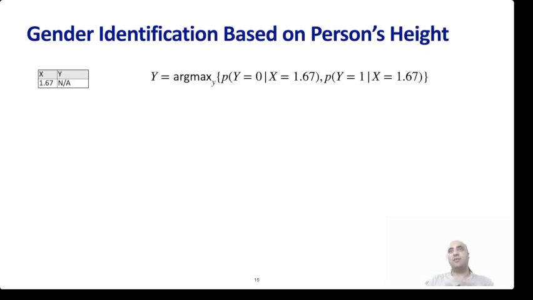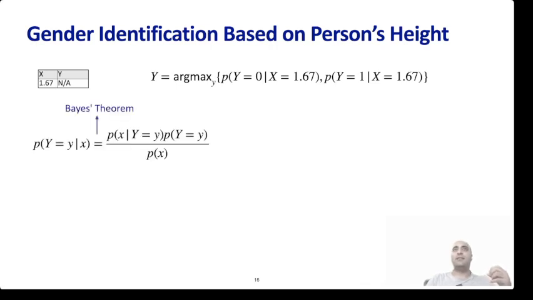And what is the probability of gender category 1 given that X equals 1.67. If we know these two probabilities, then the one that has the higher value would represent the gender category that we should use for X.